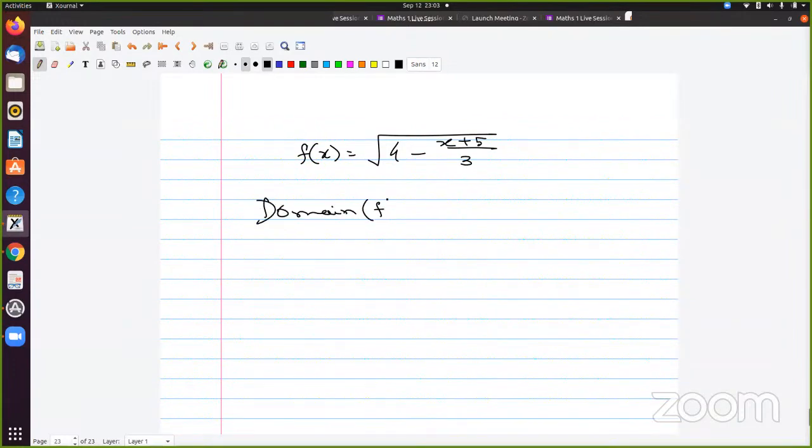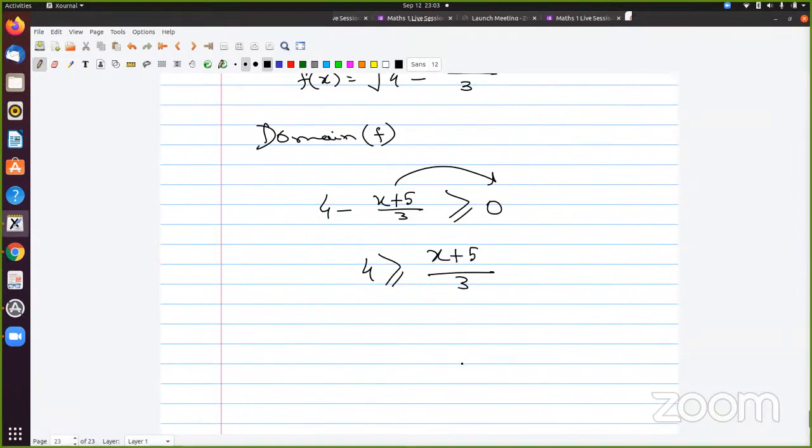What will you do? It should be greater than or equal to 0, whatever is inside the square root. So I will write this: 4 minus (x plus 5)/3 is greater than or equal to 0. Taking it to this side, 4 is greater than or equal to (x plus 5)/3. Now I can take 3 this side, so 12 is greater than or equal to x plus 5.